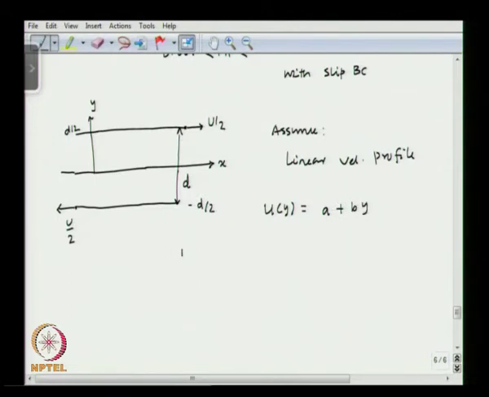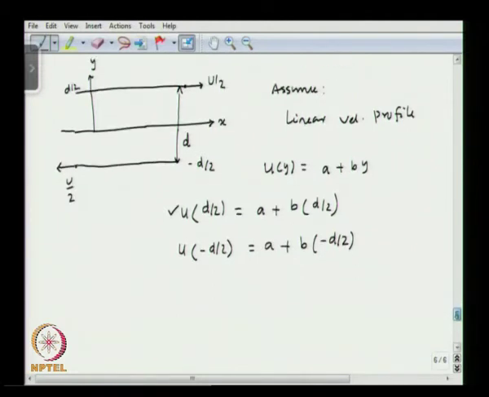So, u at d by 2 is going to be a plus b into d by 2. Okay. That is the upper wall we are talking about, and at the lower wall u at minus d by 2 will be equal to a plus b into minus d by 2. Okay.